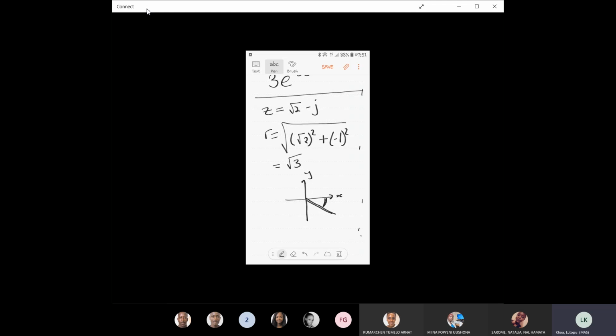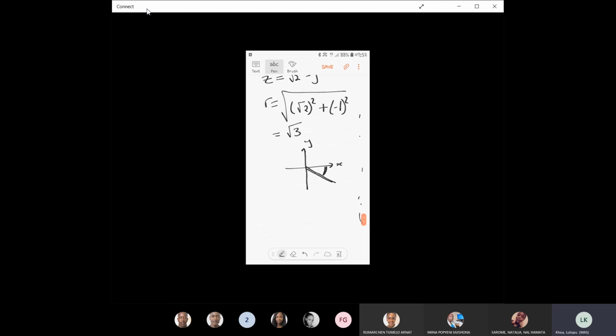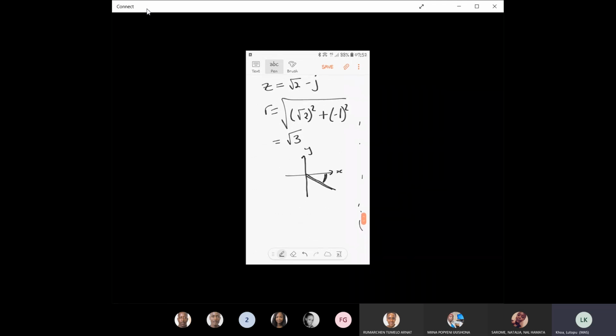So if I want to work out what my angle is, I can do this in one step. I don't need to work out what it is in degrees and then convert it. I just set my calculator to radian mode. And I know that because it's in the fourth quadrant, the answer will just be 2 pi minus tan inverse of 1 over the square root of 2.